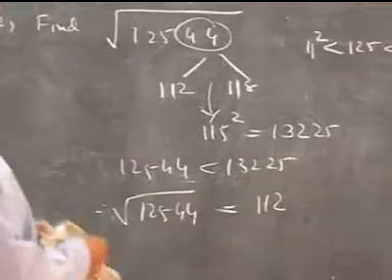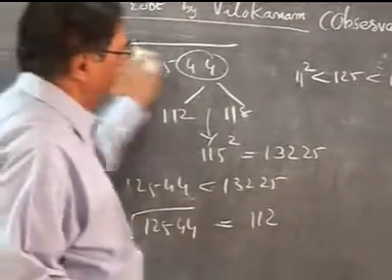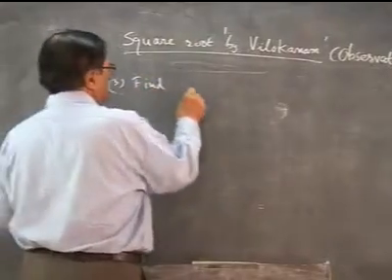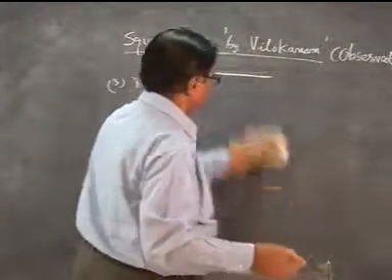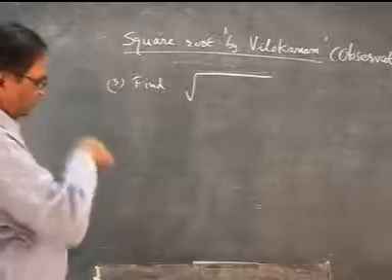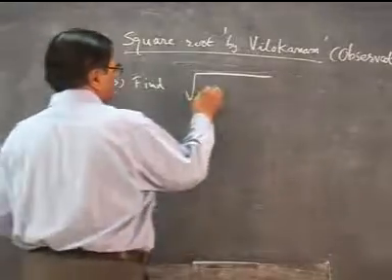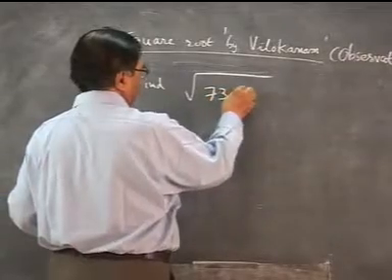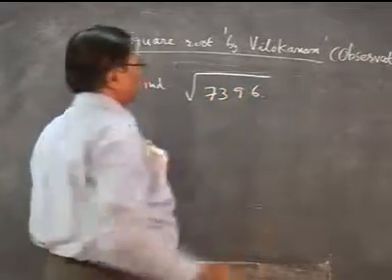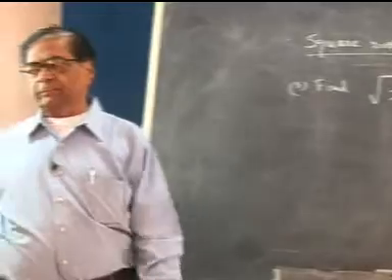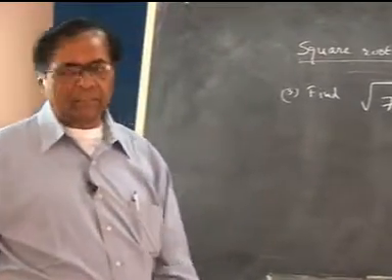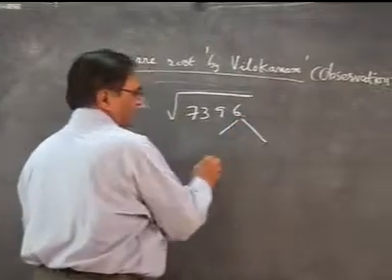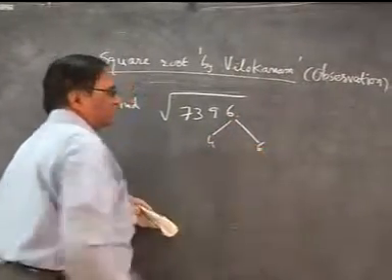Let us take one more. Let us see. So you can say the unit digit is either 4 or 6.